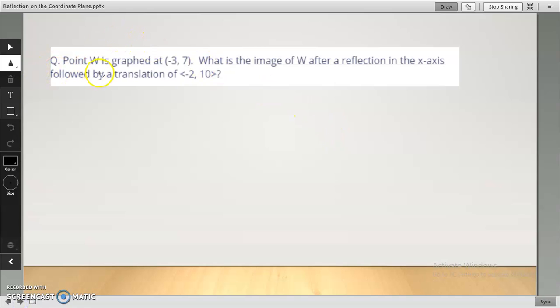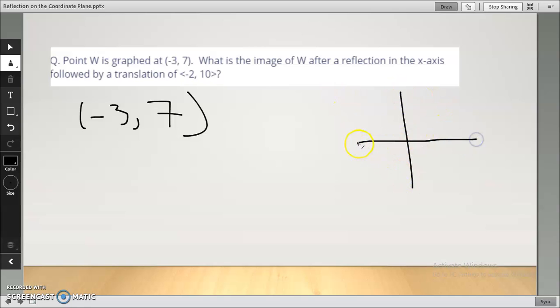All right, the next one says point P is graphed at (-3, 7). What is the image of P after reflection over the x-axis, followed by a translation of (-2, 10)? Can't forget that part. So again, here's my graph, and this is my x-axis. If I have a point at (-3, 7) and I want to go across the x-axis, my x value will stay the same, but my y is going to change.